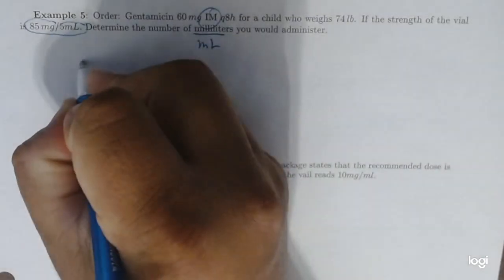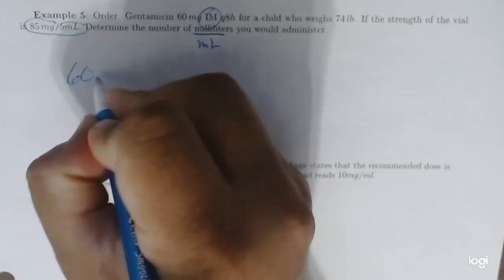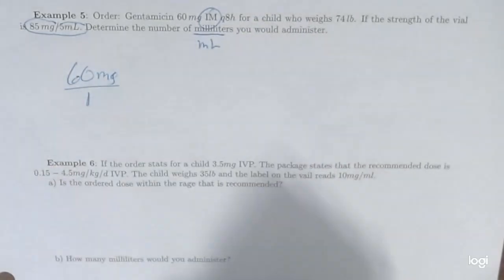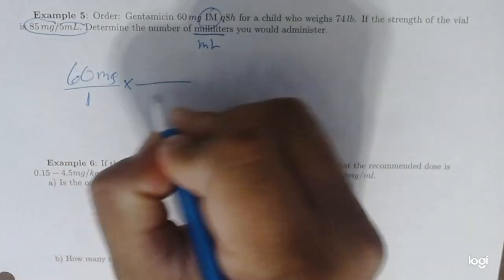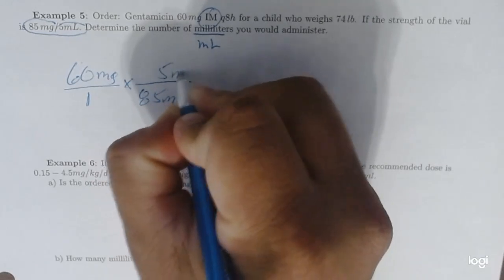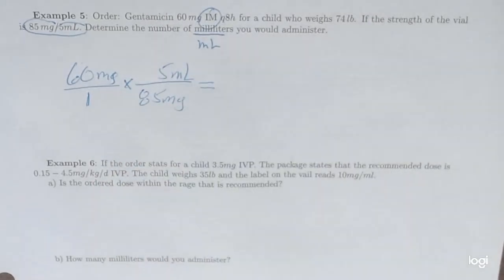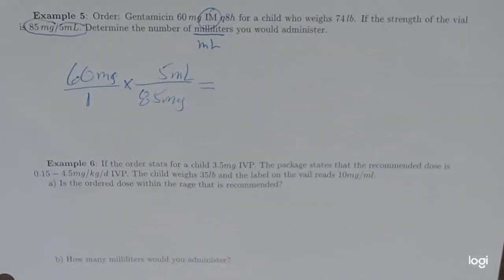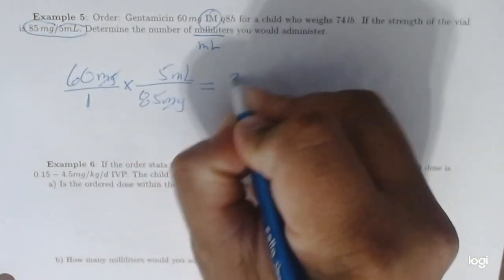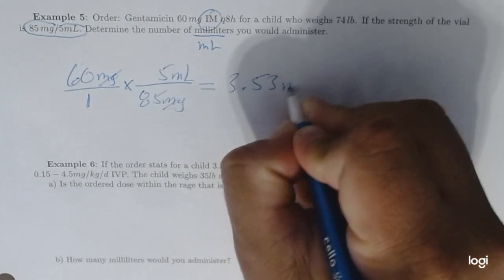Well, that's interesting. Notice we're actually not even going to use the weight of the patient this time. The weight was given just as extra information. You don't even need it because these cancel and we just get our answer of roughly 3.53 milliliters.